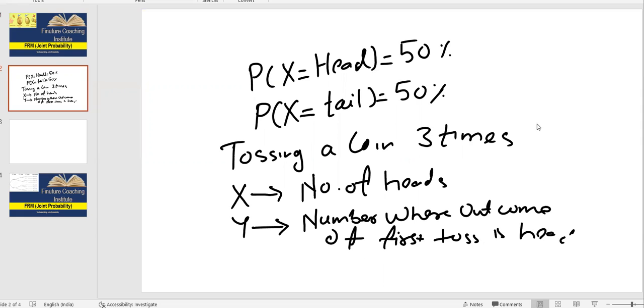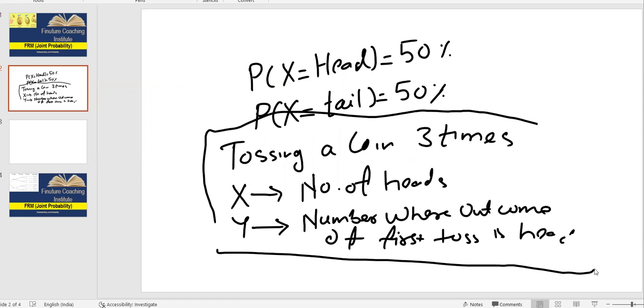Now if I ask you to plot a probability distribution for this particular experiment.